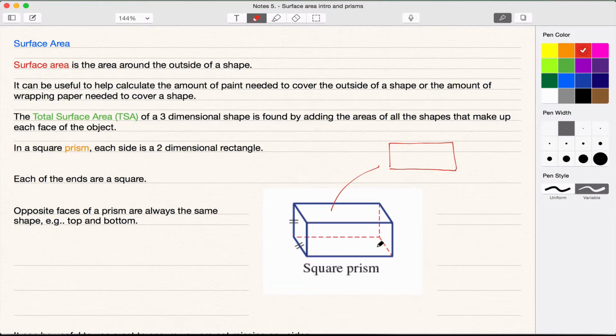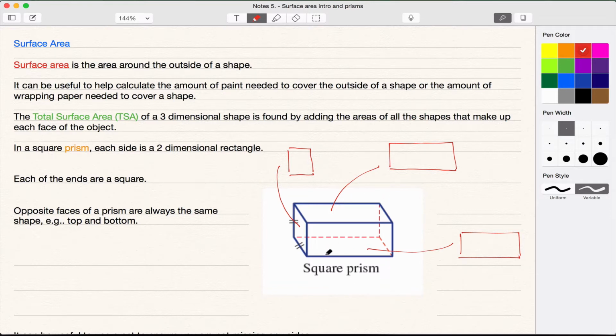If we look at this side facing us and take it out, it would be a rectangle as well. So we're talking about all those outside faces. If we look at this side, on the left hand side, that one in this example would be a square.